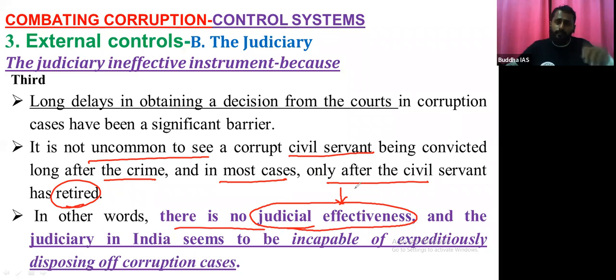Here, for this particular thing, the reason is the courts are working very, very slow. Long delays are there. There is no judicial effectiveness, and the judiciary in India seems to be incapable of expeditiously disposing of cases.